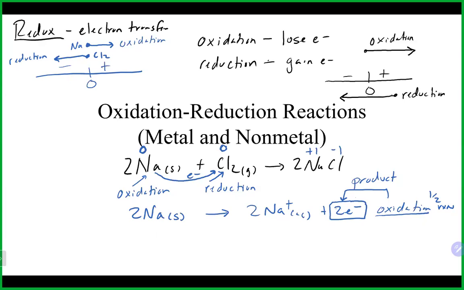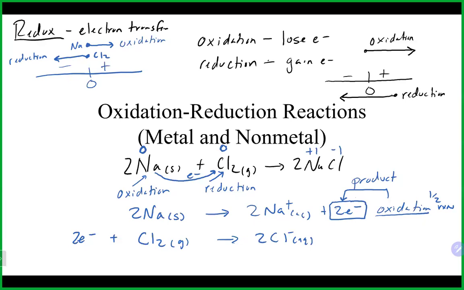We could also write a reaction for the chlorine here. Chlorine on the left, going to our chlorine there on the right, which is actually chloride on the right. And in this case, it is the chlorine on the left here that's going to gain 2 electrons, 1 for each chlorine that's present.